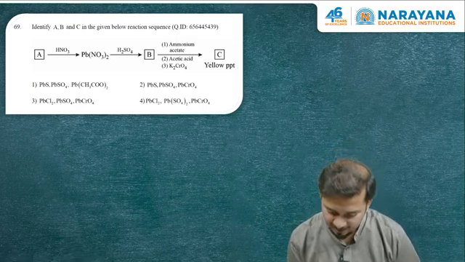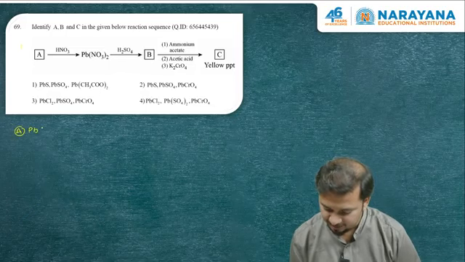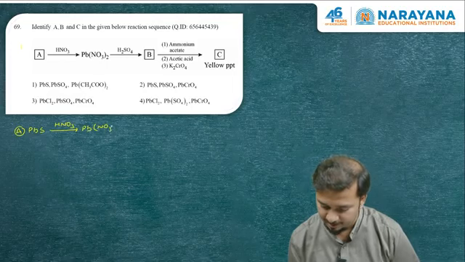So A, if it is lead sulphide, A is PbS. PbS when it is treated with HNO3 will be converted to lead nitrate.